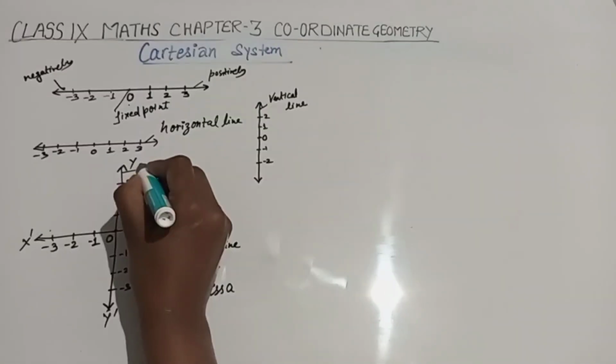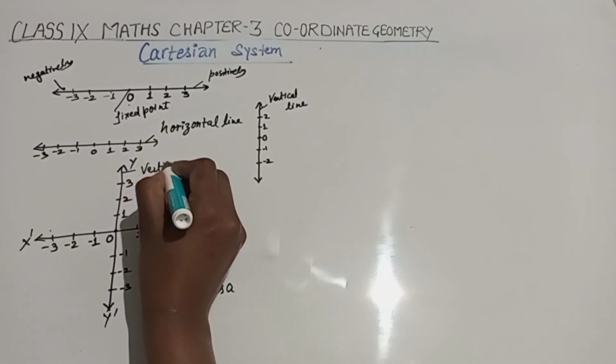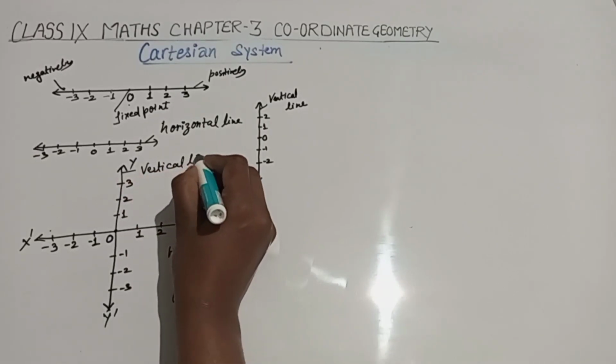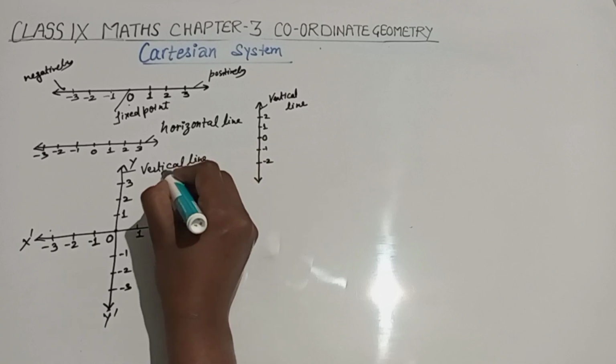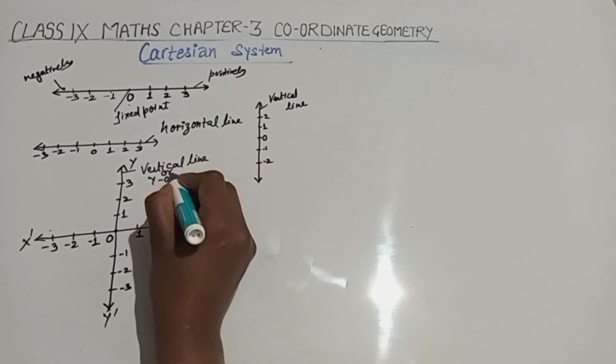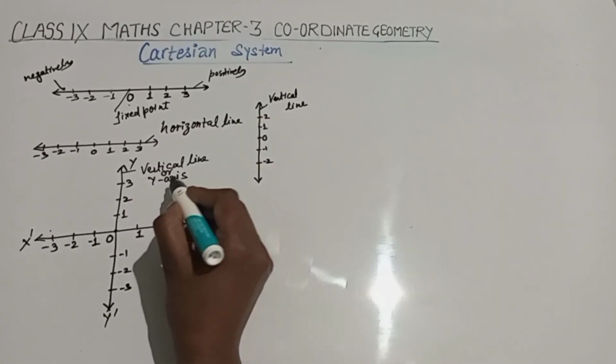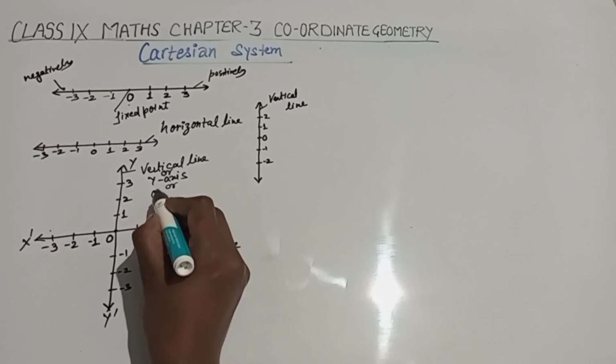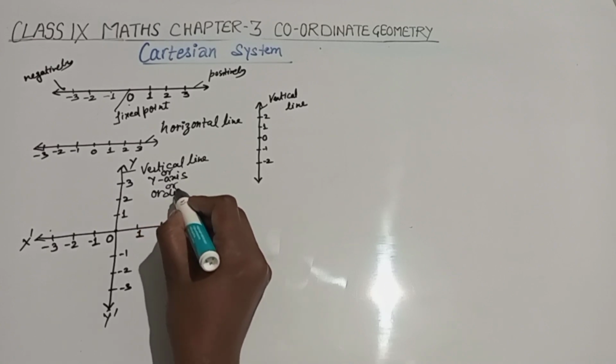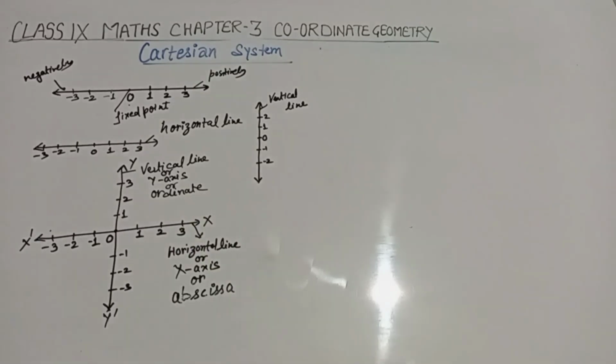This is called the vertical line or y-axis or ordinate. So the y-axis is also called the ordinate.